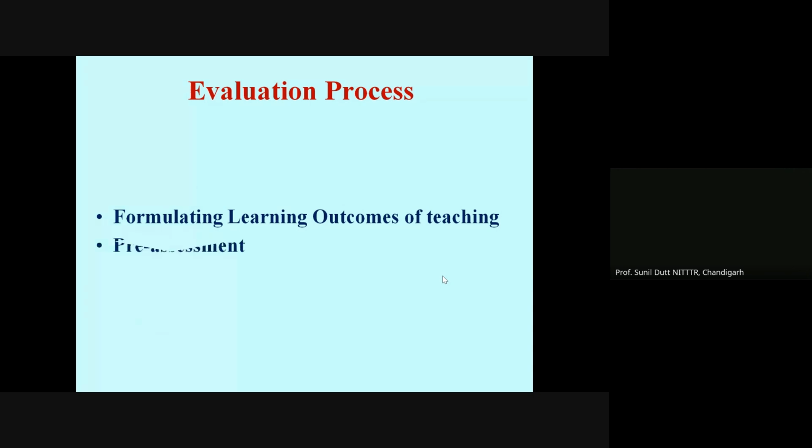Now coming to the process of evaluation. As I told you, it is a systematic procedure. Firstly, write down the learning outcomes of a particular topic. Then prepare a pre-assessment, in order to ensure whether they possess the prerequisites or not.